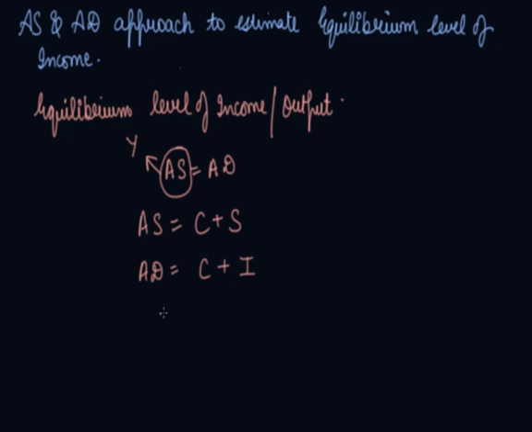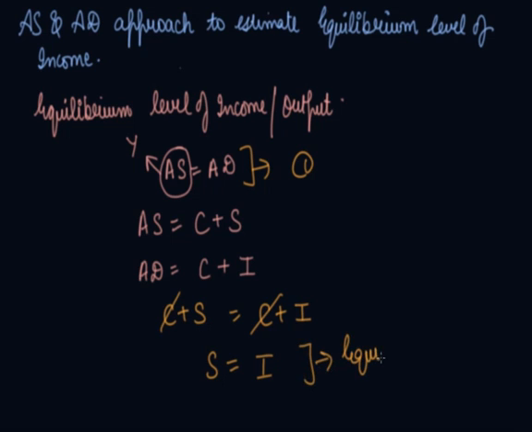So when equilibrium is attained at this point, you can replace this in equation 1: C plus S is equal to C plus I. C is cancelled by C. So saving is equal to investment expenditure. Your equilibrium level is attained.